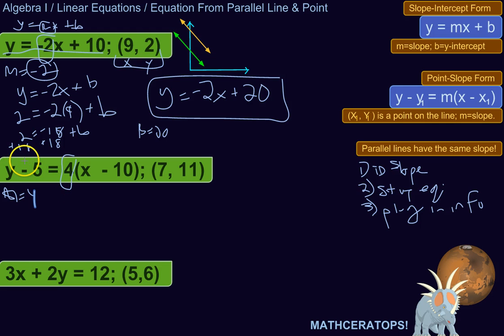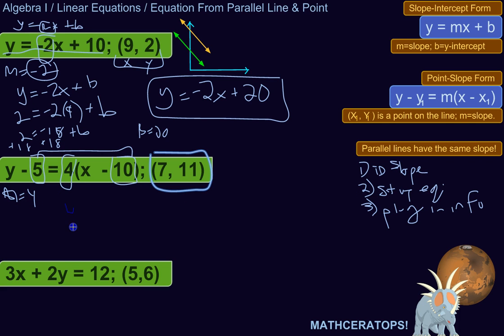Now, these things, like I just said, are the x and y coordinate of a point on this line. I want a line that goes to this point, not this point. So it's actually pretty easy to write an equation in the point slope form that's parallel.